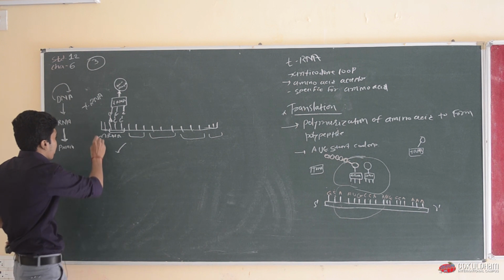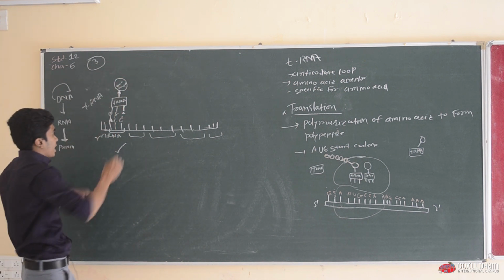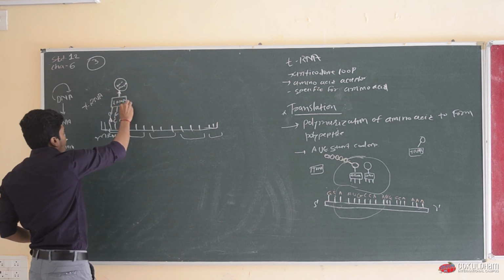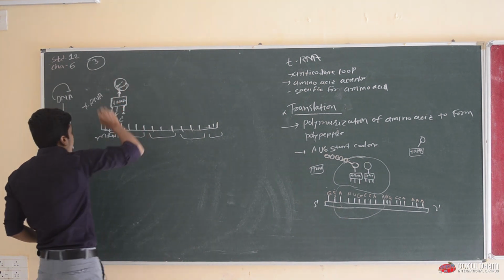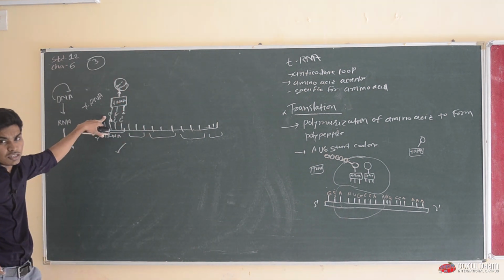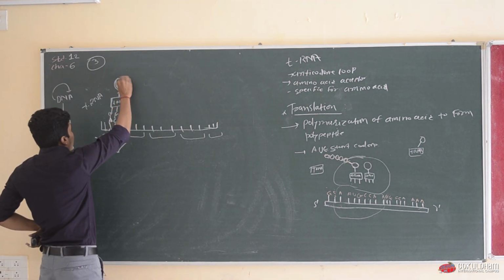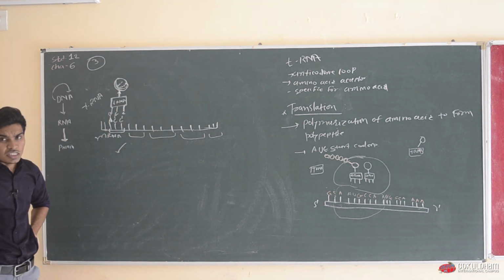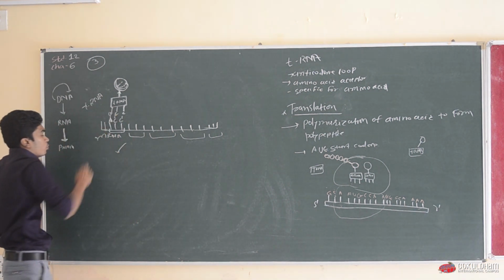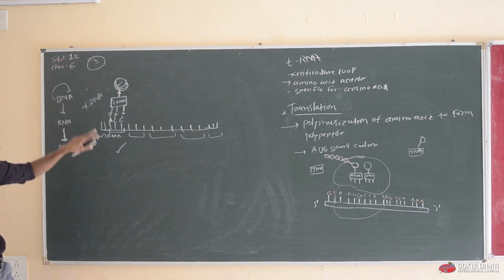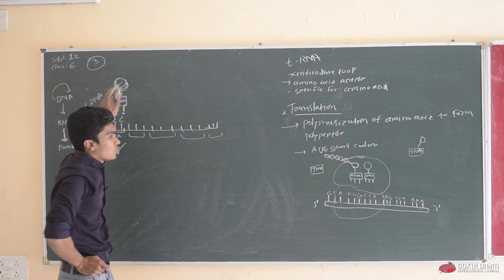Okay, this is mRNA, this is tRNA, this is amino acid. Again I repeat that tRNA binds with a specific amino acid. For example, if the code is AUG, then this tRNA binds with AUG and carries the amino acid called methionine.